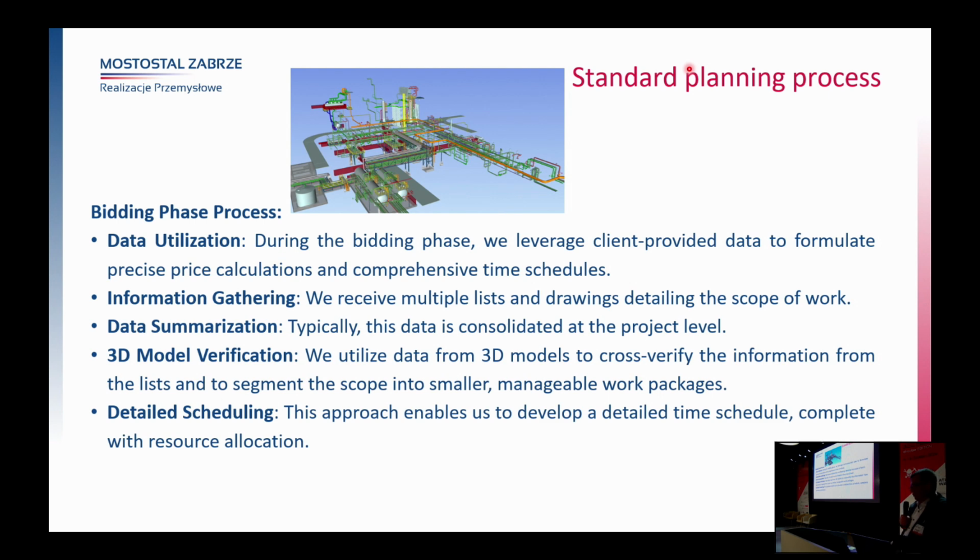But to prepare a detailed schedule, which is very important for us at the bidding stage, we have to divide it into some smaller chunks of data, like how many pipes we have to install in that building, how many pipes on that pipe rack, what is the number of equipment, where it's located, etc. We are trying to look for that information inside the 3D models.